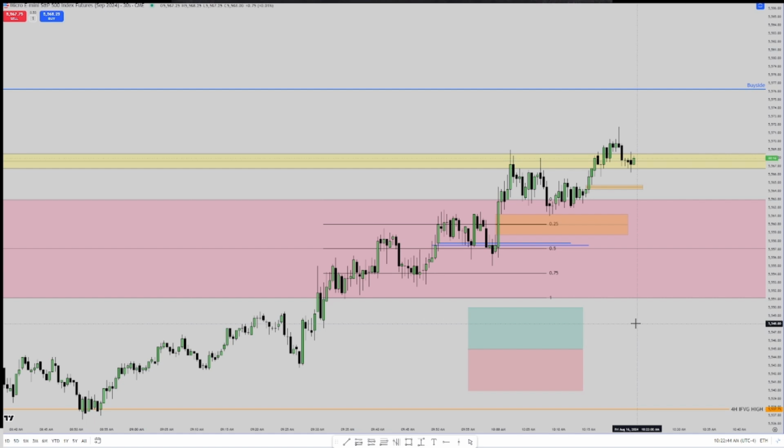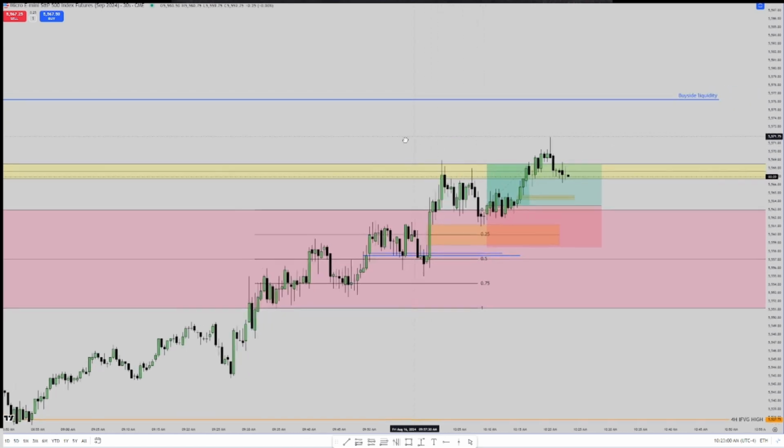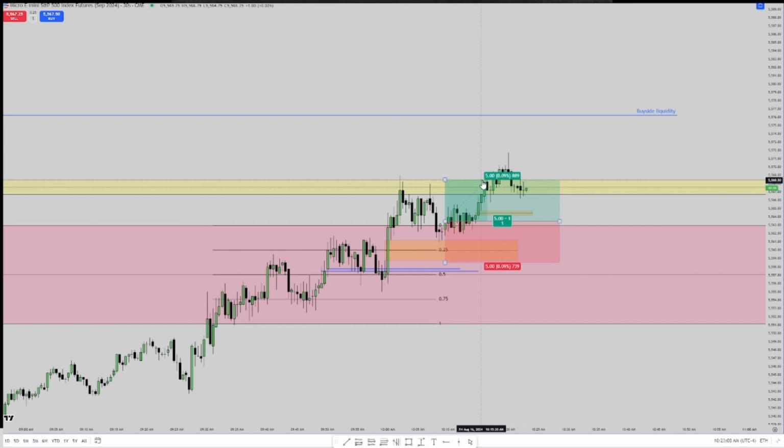So my model says I take profit at 5 handles, which means my entry was right there. My target should have been the top of this shaded area, and that's where I should have taken profit. I waited till it was about up here.